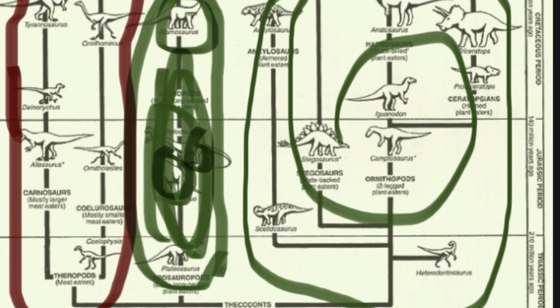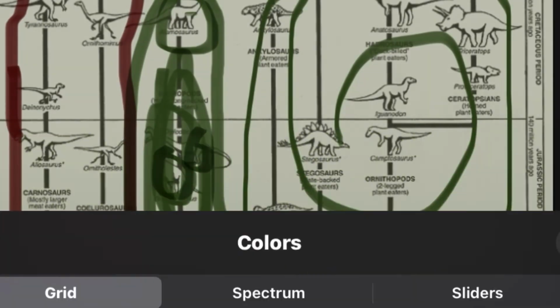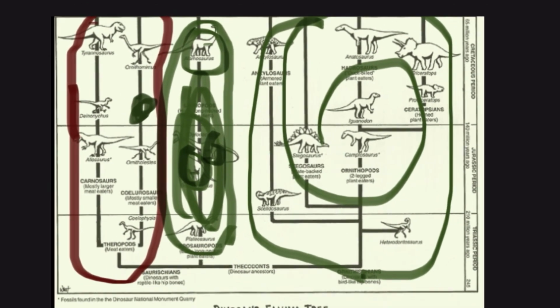That was a theropod, but it did eat plants because it had those long claws for just like moving the leaves. So let's just put some green in there for the Therizinosaurus. Just gotta represent the Therizinosaurus.